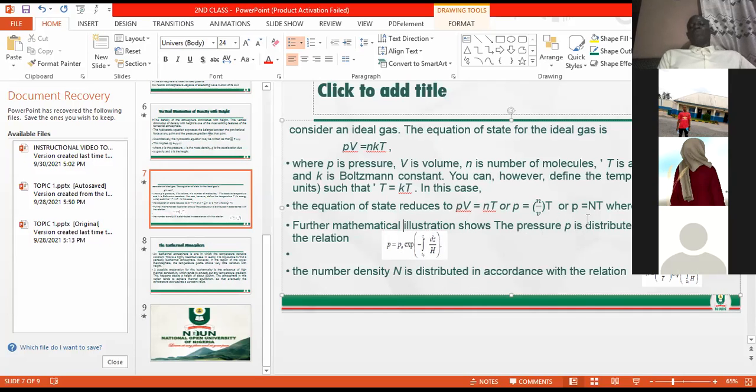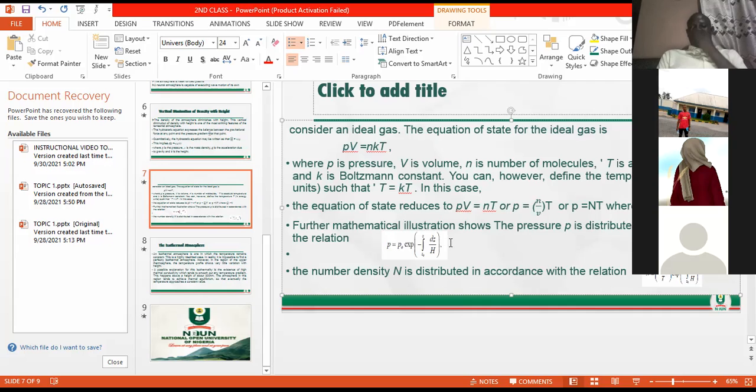But here, we said P equals N over V T. Because we said KT, it should be represented with T because it's in terms of energy. The constant is not really needed. Hello, are you saying something? Are you contributing to the class? Is there anybody saying anything?